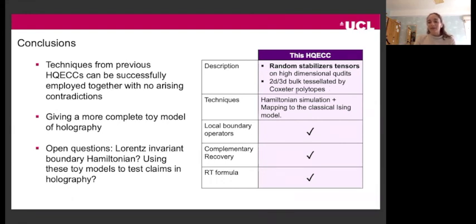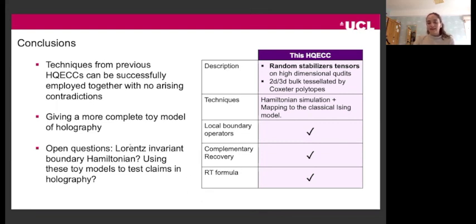In this setup, we're able to apply the techniques of Hamiltonian simulation and mapping to the classical Ising model in order to achieve these three features of AdS/CFT simultaneously: local boundary operators, complementary recovery, and the Ryu-Takayanagi formula.